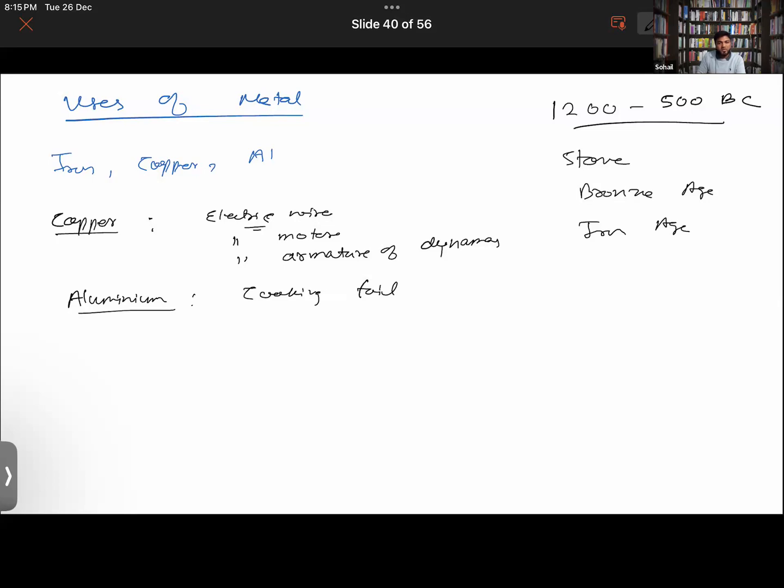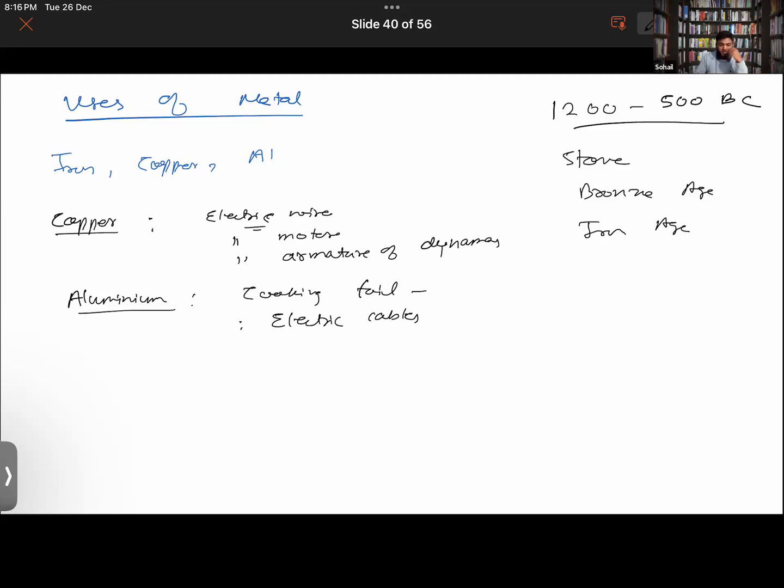You will have seen that electric cables are now made up of aluminum wire. Aluminum foil, as you said, is a cooking foil. It is used for packaging food, medicines, and chocolates.